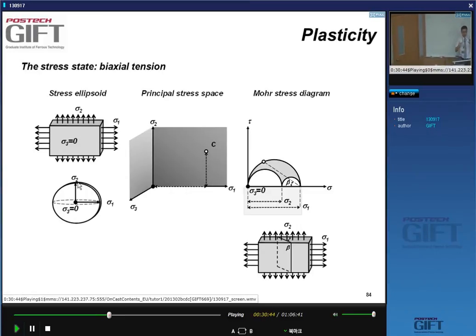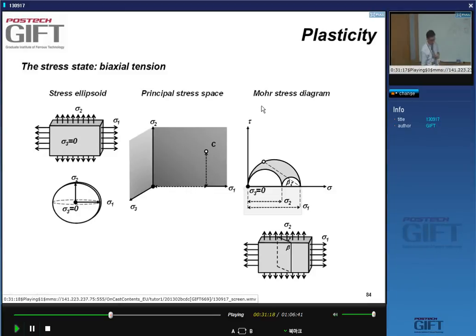If sigma 1 is equal to sigma 2, it would be a circle, a very flat ellipse, because sigma 3 is 0. In the principal stress space, my stress conditions are sigma 1 along this principal direction and sigma 2 along the perpendicular direction. So this point C gives me the stress state. And then the Mohr stress diagram.